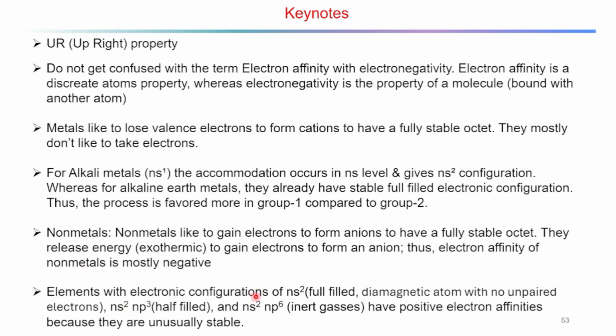Elements with electronic configurations of ns2, full-filled diamagnetic atoms with no unpaired electron, ns2np3, that is half-filled, and ns2np6, the inert gases, have positive electron affinities because they are unusually stable. These full-filled and half-filled configurations are very stable. So that's why they have positive electron affinity values. They don't want to take additional electrons.